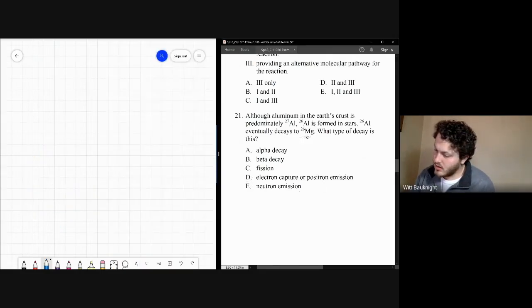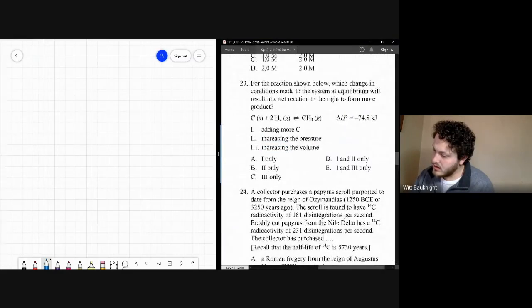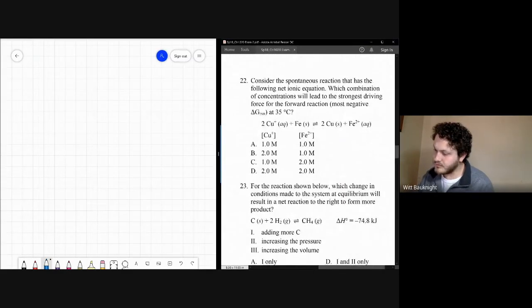All right, let's talk about question 22. So consider the following spontaneous reaction, which means if it's spontaneous, it's going to go to the products. Which combination of concentration will lead to the strongest driving force for the forward reaction? Most negative delta G. So the thing that drives to the right most, let's talk about Le Chatelier's principle for a second.